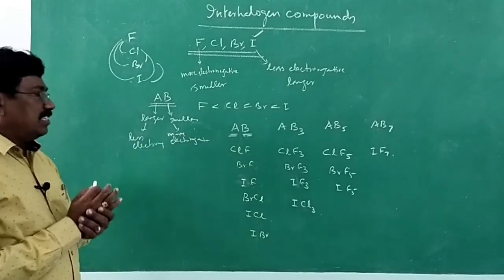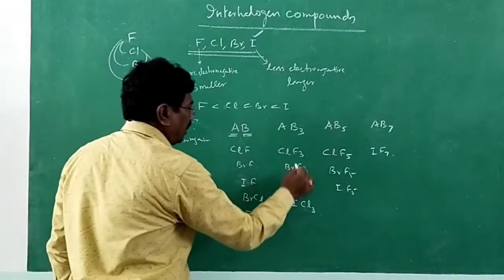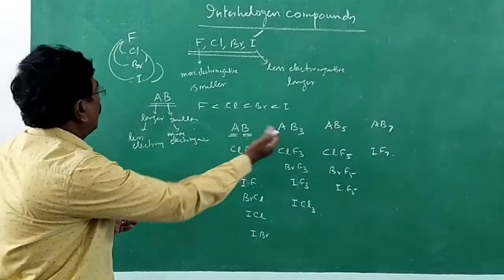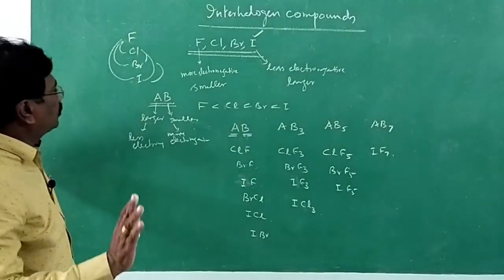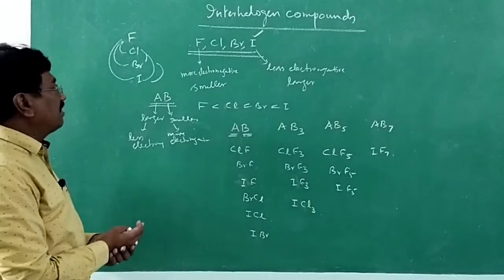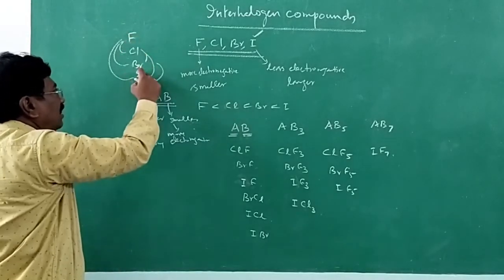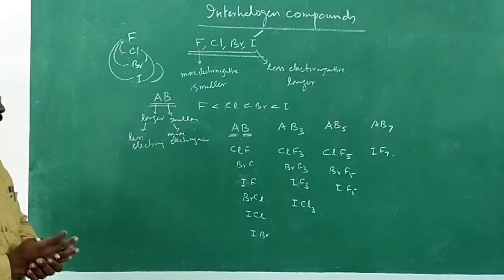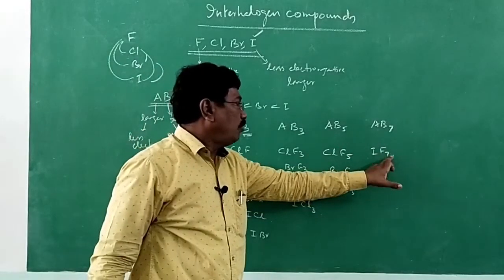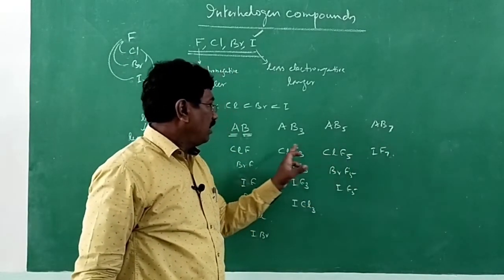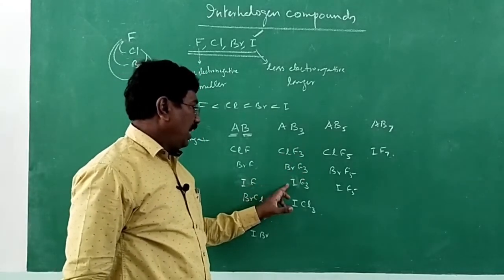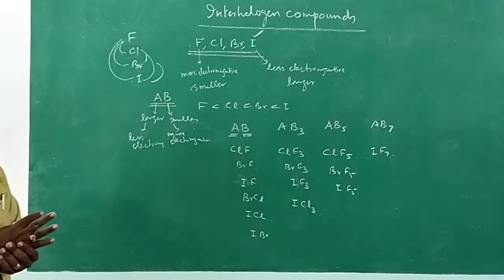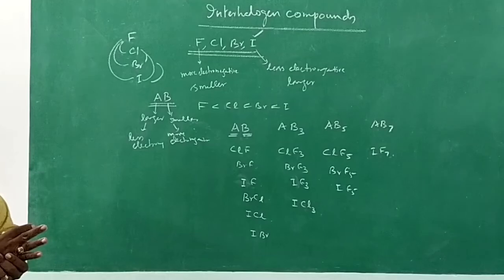When we go for AB5, only those 3. And when we go for AB7, only the last 2 categories: very large, very small, very high electronegativity, very low electronegativity. Only those 2 elements form interhalogen compounds. So, iodine heptafluoride, chlorine pentafluoride, chlorine trifluoride, iodine trifluoride, iodine pentafluoride, likewise it goes.